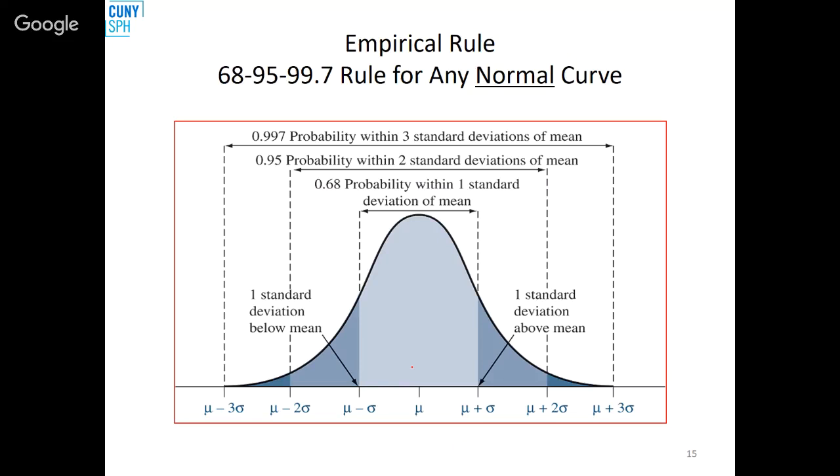centered on the mean. Plus or minus 2 standard deviations from the mean contains about 95% of the probability, and plus or minus 3 standard deviations contains about 99.7% of the probability.